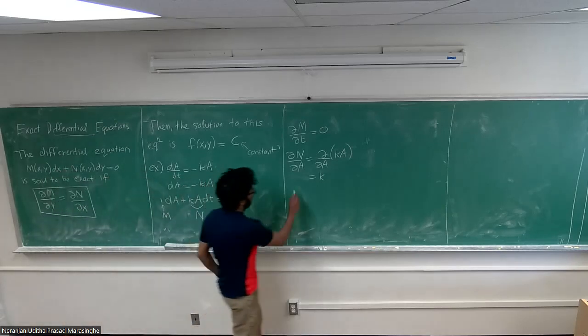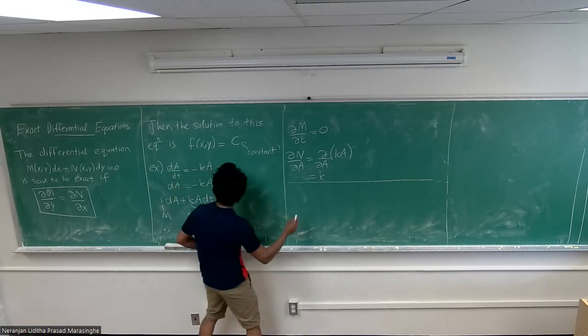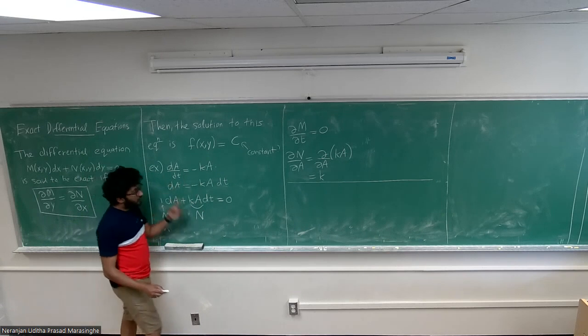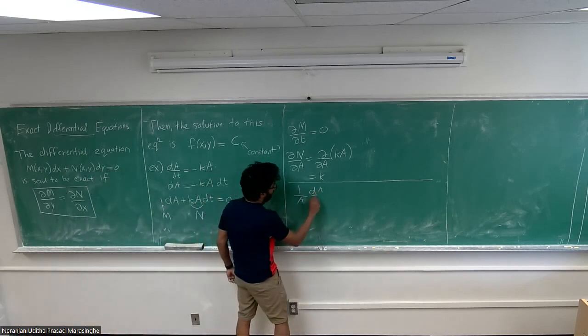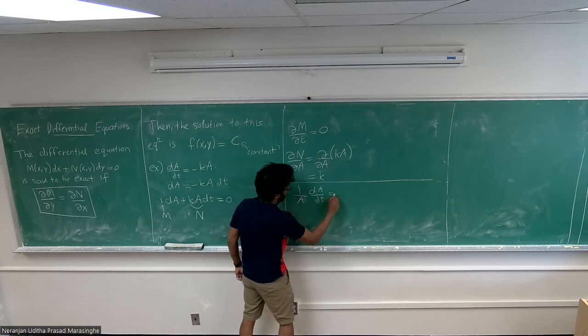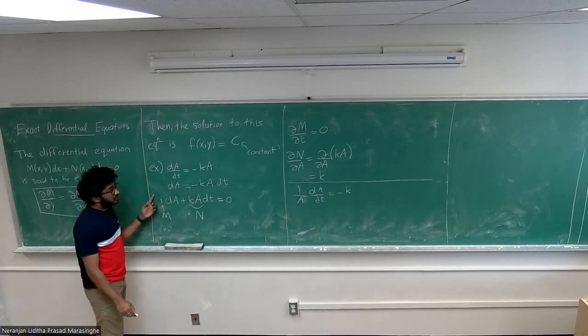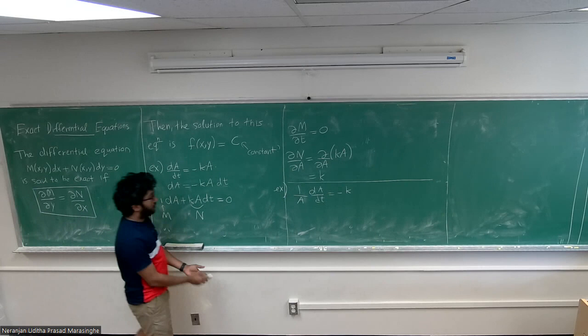But let's do something like this. As he mentioned, if we divide both sides by A at the initial stage, then I have 1 over A dA over dt is equal to minus k. This is kind of the next example.